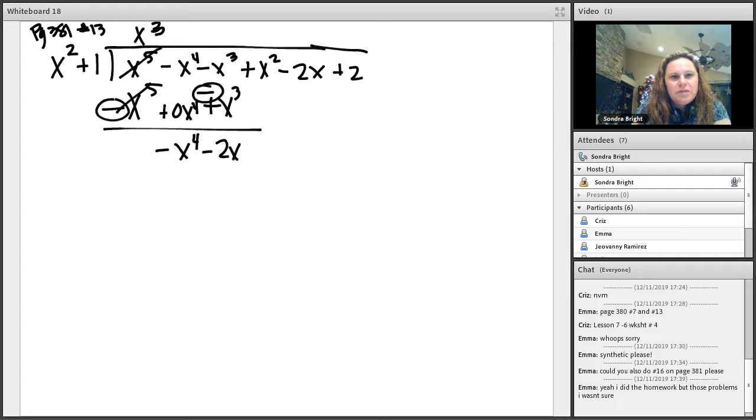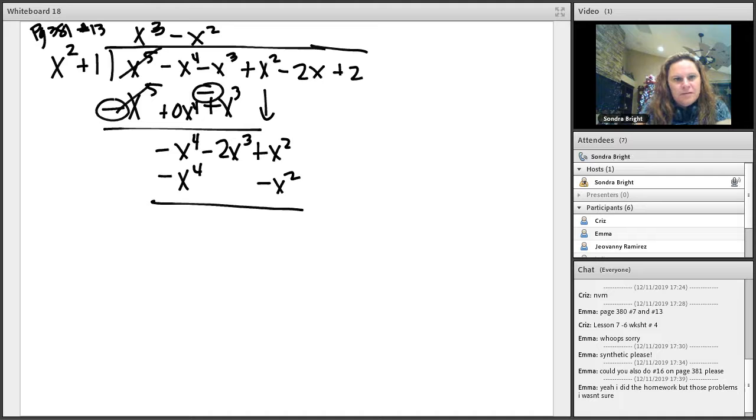Minus 2x cubed. Bring this down. And then we would have a negative x squared, which will give you a negative x to the fourth, and a minus x squared. Subtract it, changing all the signs. This is like a 0x cubed. So you'd have a negative 2x cubed plus 2x squared.